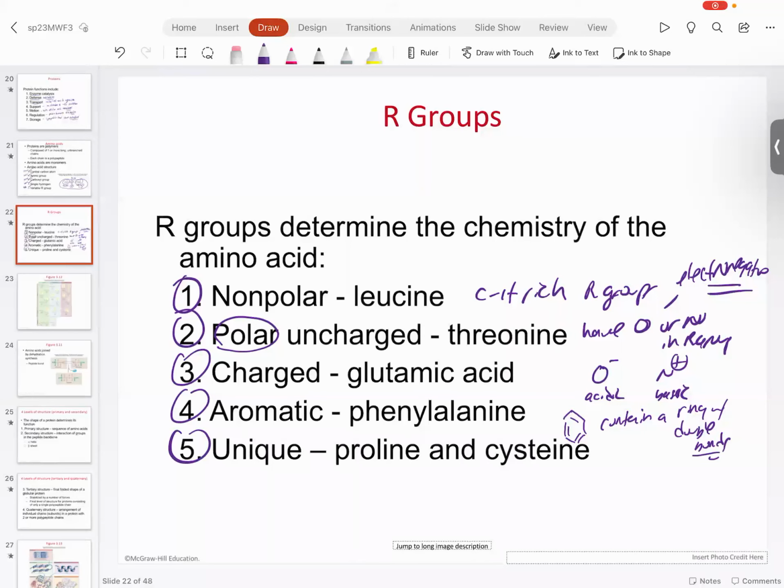And then, of course, you have your outliers, the unique ones, proline and cysteine, which have their own little thing. So proline has a non-aromatic ring, so that's special that way. And cysteine has a sulfhydryl group in it.